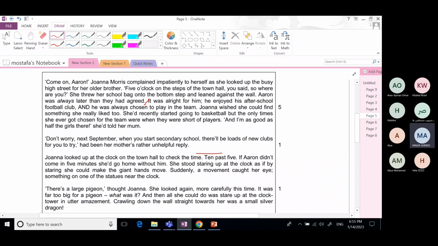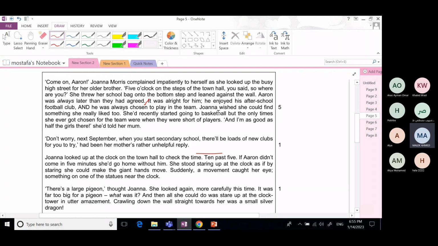Joanna looked up at the clock on the town hall to check the time. Five ten. If Aaron didn't come in five minutes, she'd go home without him. She stood staring up at the clock as if by staring she could make the giant hands move. Suddenly, a movement caught her eye.